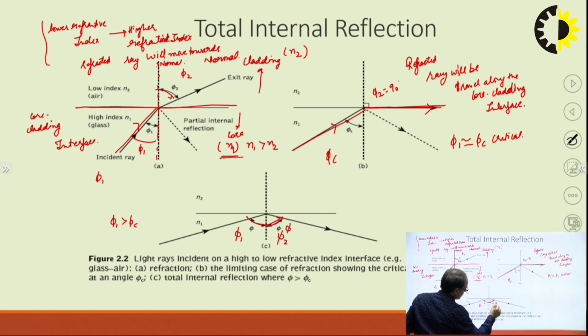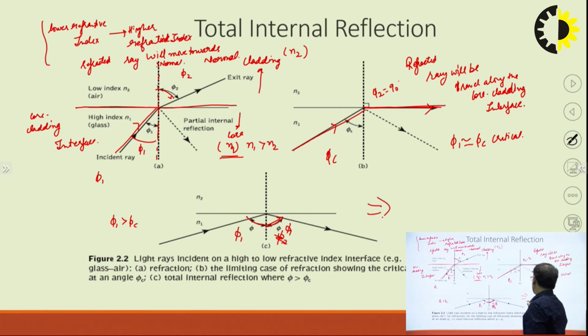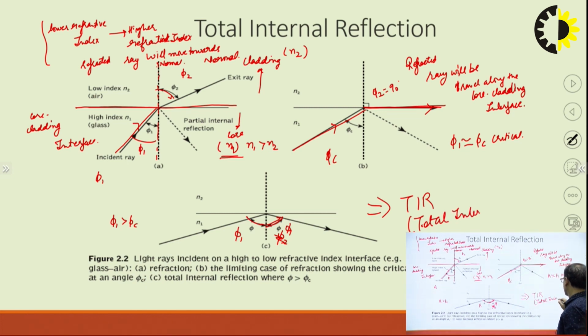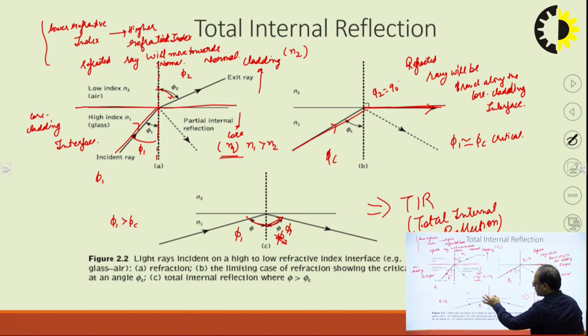Clear? So the law of reflection takes place, in which the incident angle becomes equal to the reflected angle, and this is TIR, total internal reflection: if the incident angle is greater than the critical angle, the reflected ray goes back into the same medium, making the same angle phi 1 as the incident angle.